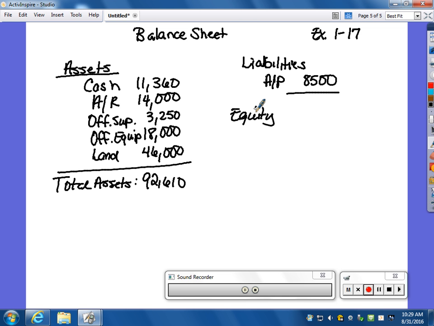It's all equity, but what did we do with it already? We put it where? On what statement? Statement of owner's equity. So you did all of that so you could get an ending capital balance, which you bring over to this statement, which is how much?